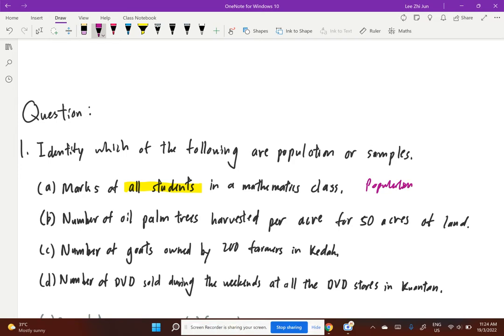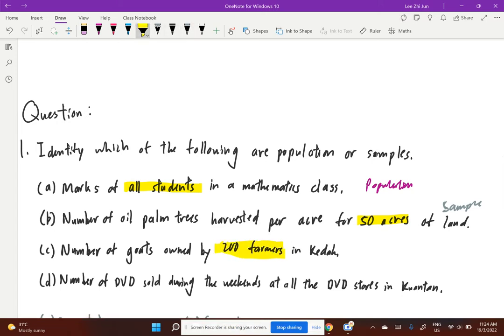The second, the number of oil palm trees harvested per acre for 50 acres in the land. This question you need to find for 50 acres only. It has just a certain range, so it will be a sample. The third one, the number of goats owned by 200 farmers.